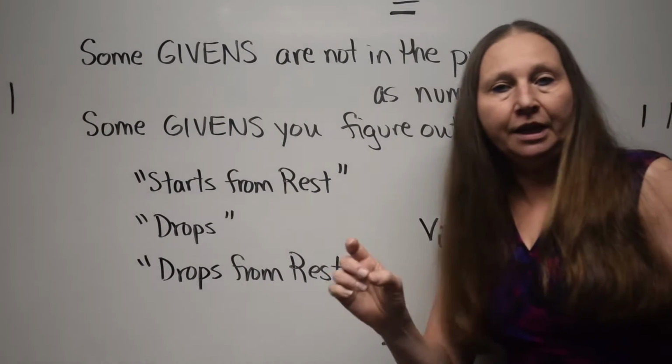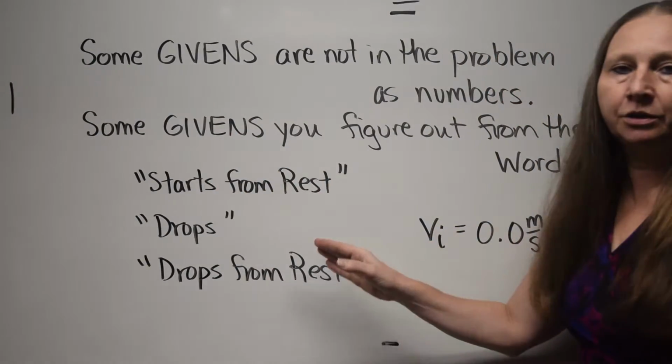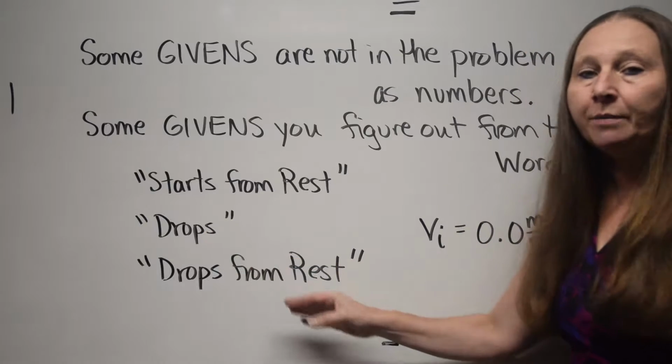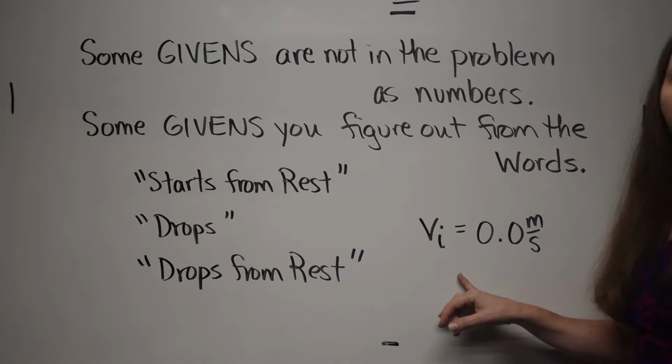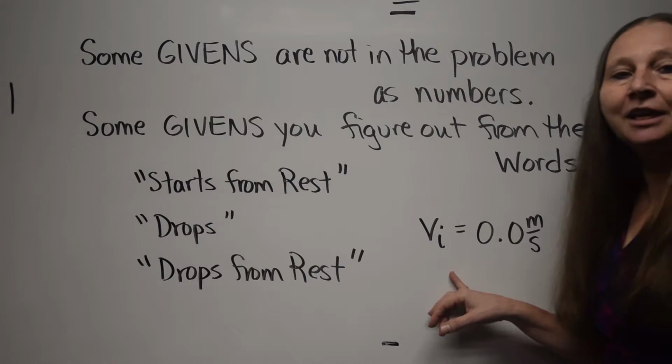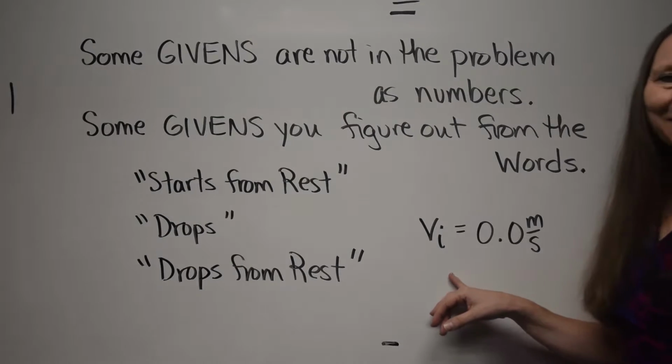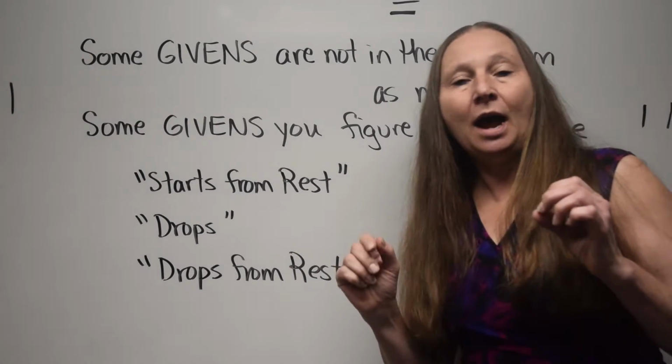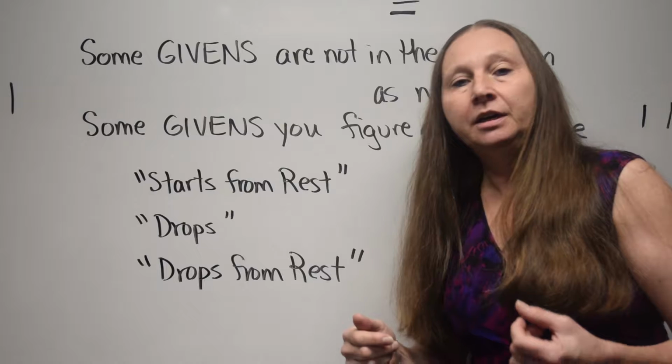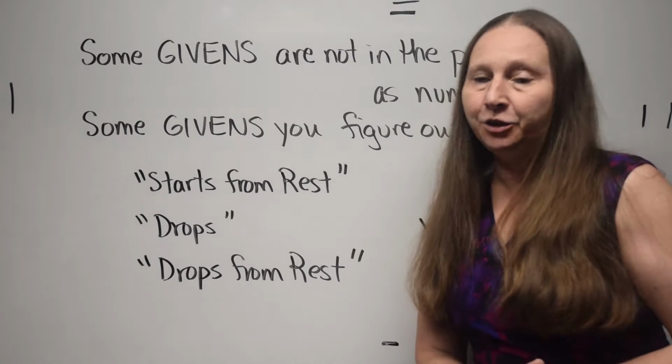So when you read in a problem starts from rest or drops from rest, you immediately write down that v initial is 0 meters per second. So again, you have to be able to read to figure out numbers that you can't see.